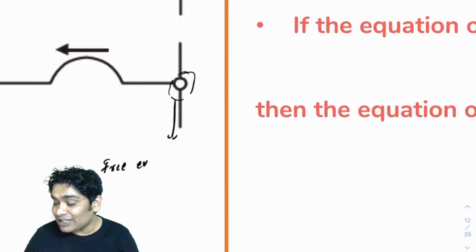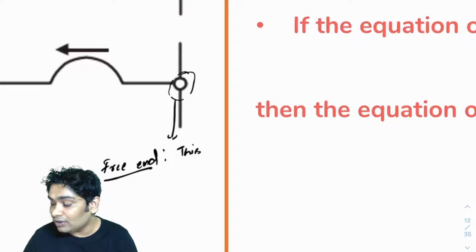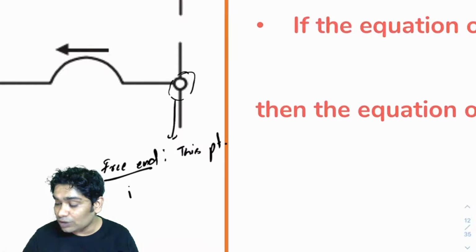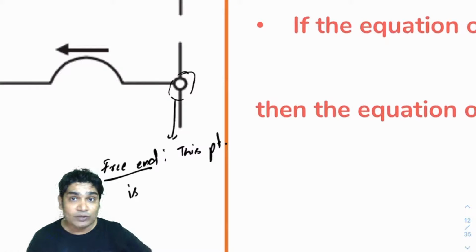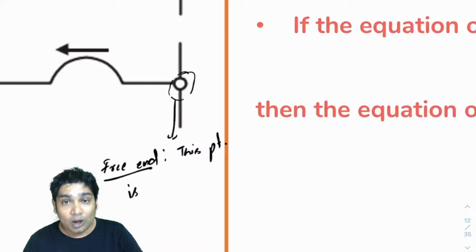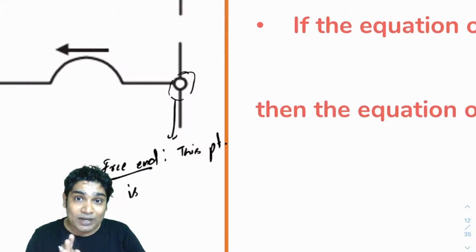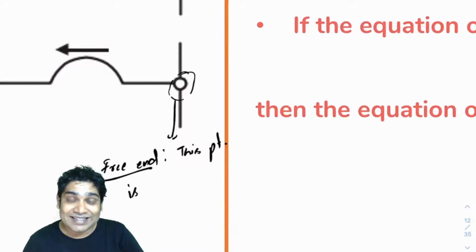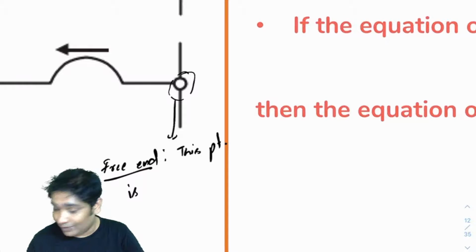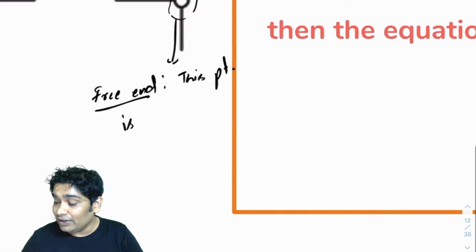Free end means this point is free to move. So if the boundary points are free to move, such a boundary is called a free boundary. If the boundary points are not free to move, it is called a rigid boundary.